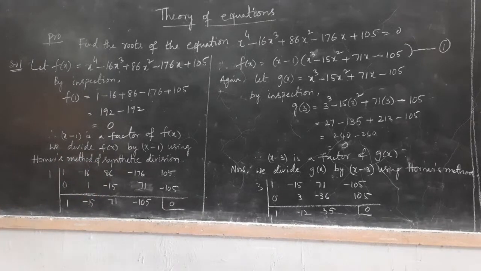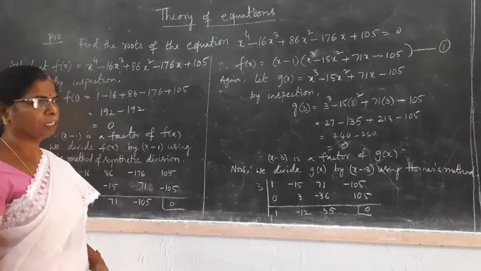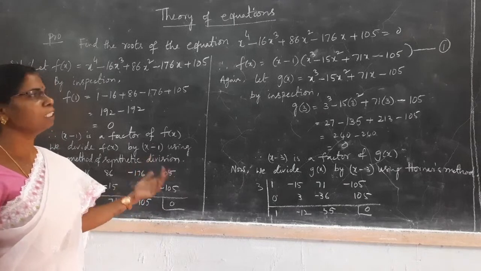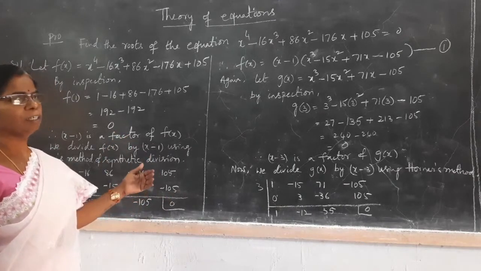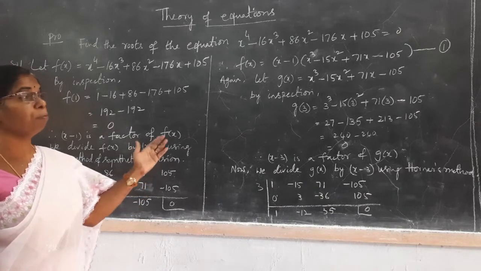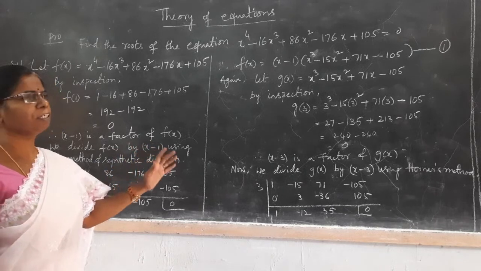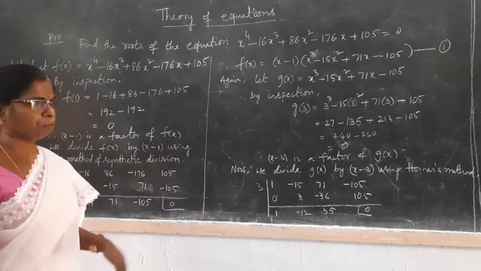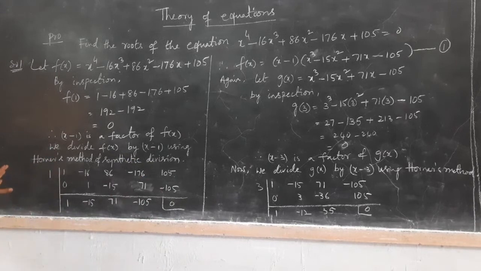So there are several methods to find the roots of the given polynomial equation depending on the nature of the equation. Depending on the hypothesis of the problem, we adopt different methods to solve the problem. Here, observe some examples I am doing.